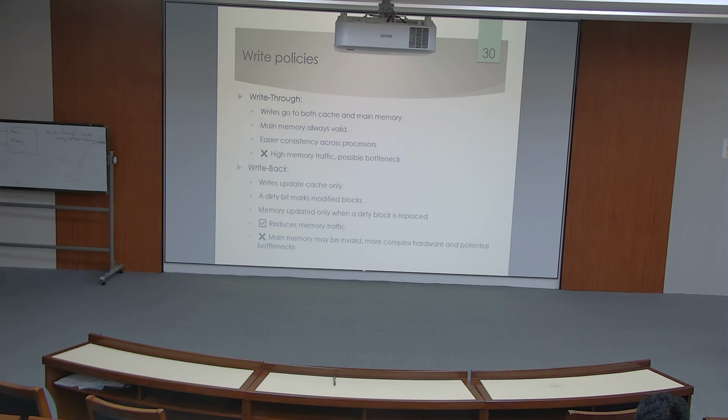Now we have high memory traffic. This is one of the drawbacks of the write-through policy. We have high memory traffic, because the system needs to update the main memory and the cache memory, so we have what we call a bottleneck problem.